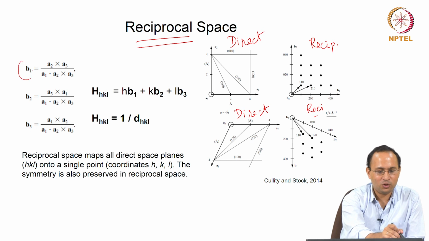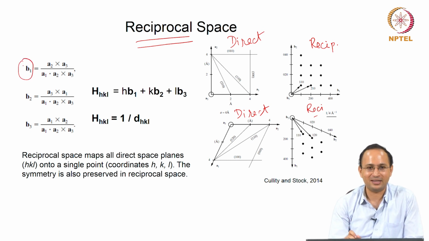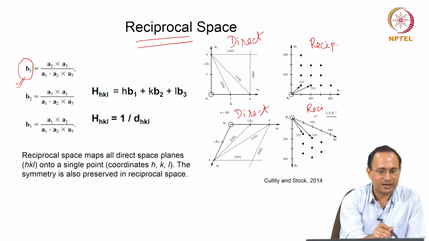So we can define this reciprocal space this way. You already know the A1, A2, A3 vectors in direct space. The B1 vector in reciprocal space is A2 cross A3 over A1 dot A2 cross A3.